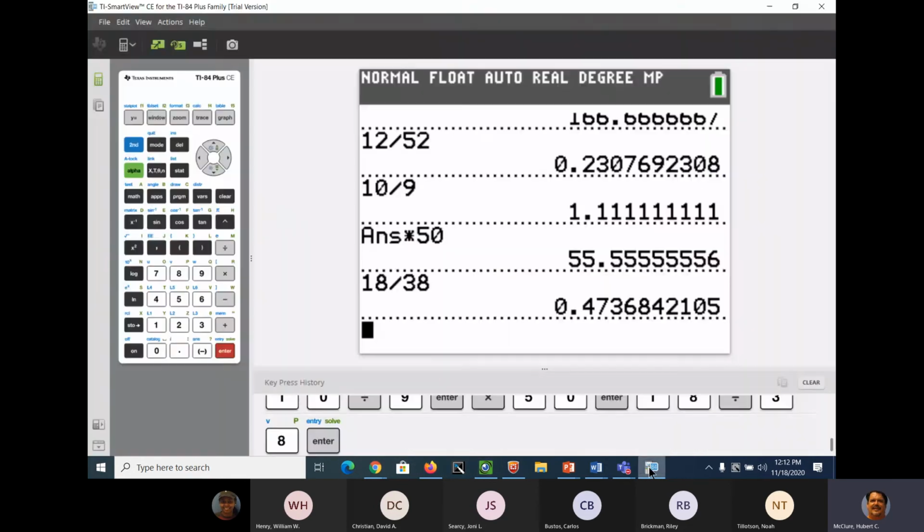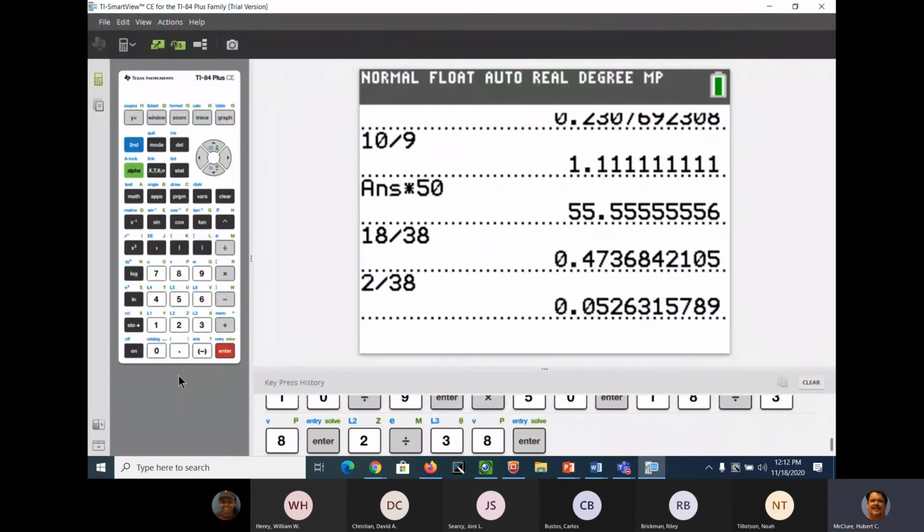2 divided by 38 is 0.05. So you've got a probability of 0.05. I'm going to just put that out here to the right. You don't need it, but 0.05. You've got a 5% chance of winning by hitting a green.